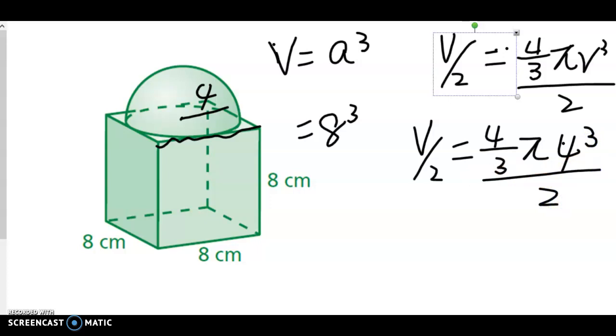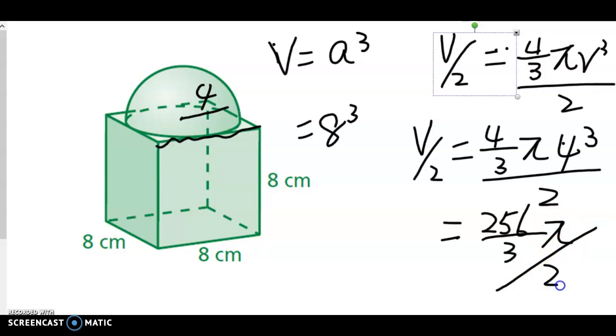Then we simplify, which is 4 to the 4th power, that's equal to 256 over 3 pi, and then over 2.